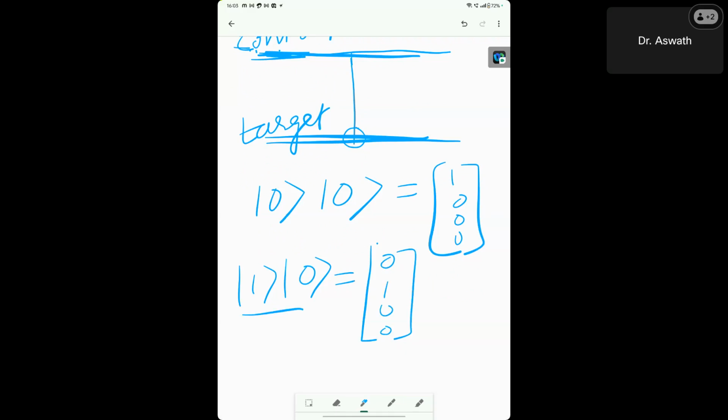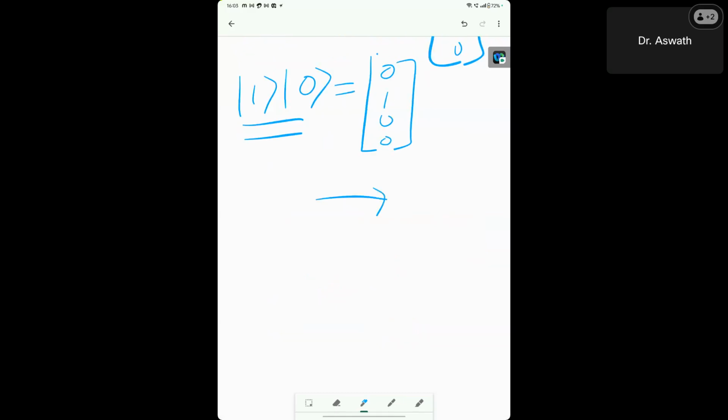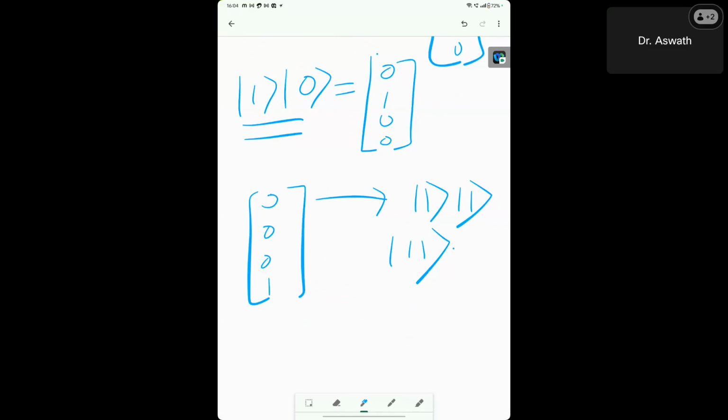So when you take this as an input, the output is 1 1. Okay, so the output is 1 tensor 1, which is in short form written as 1 1, which in column notation is 0 0 0 1. Okay, it is there in my notes. You can cross check that. Okay, the CNOT gate operation is like that.